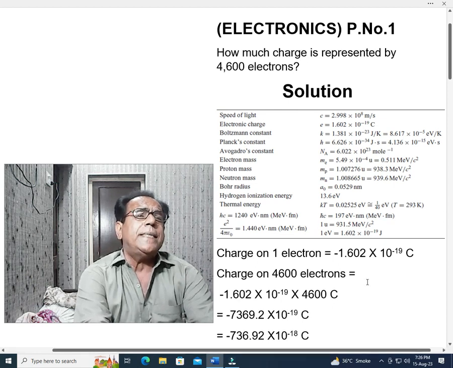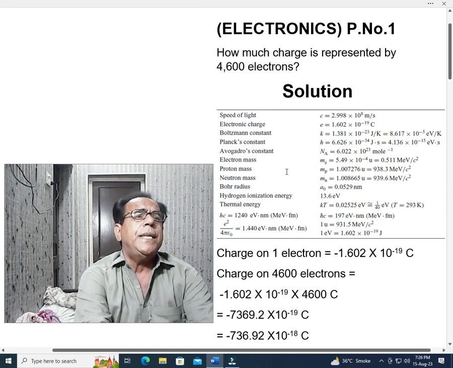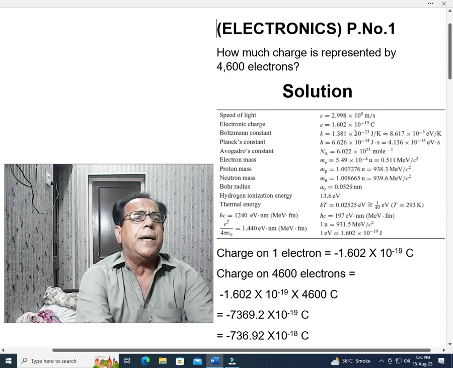Dear students, this is a table of various physical constants in which, in the second row, electronic charge e is given as being equal to 1.602 into 10 raised to the power minus 19 coulomb.